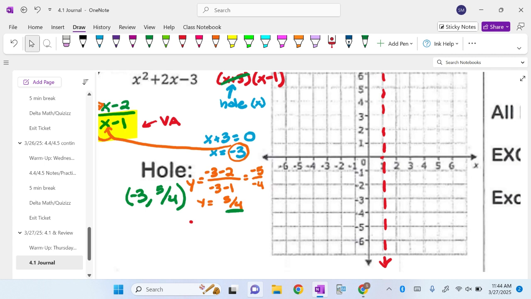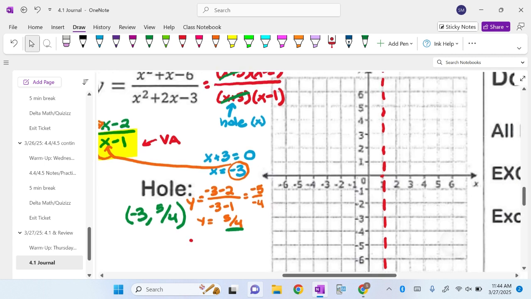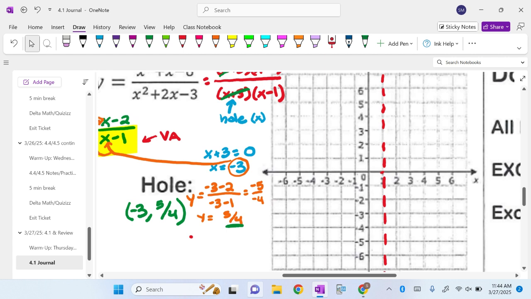And the reason for that is, remember what I said yesterday. What makes an extraneous solution with a rational? What can we not have in a rational function? That's a radical function, rational.